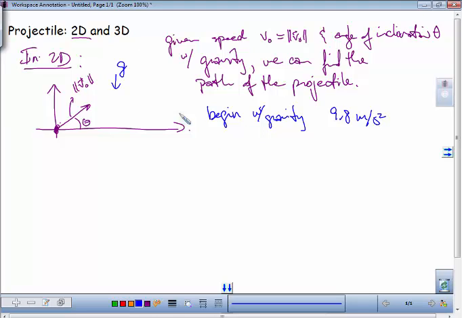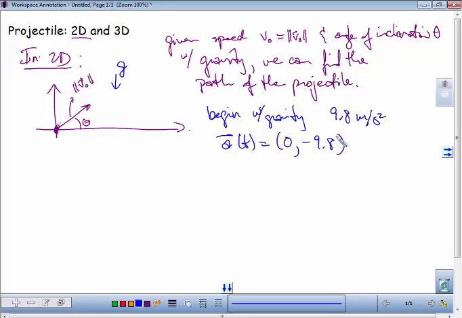There's no acceleration in the x direction. So we can just say that the acceleration vector is equal to 0 in the x direction and negative 9.8 in the y direction. So we can begin with this information as your information about your gravity, or your acceleration.